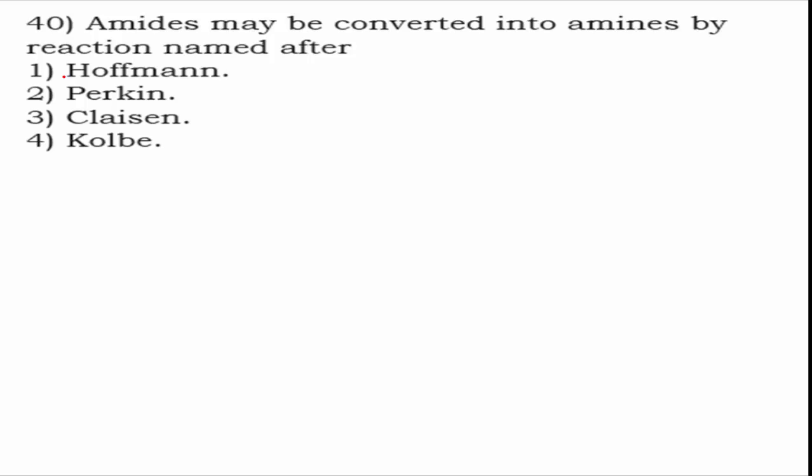Students, Hofmann developed a method for preparation of primary amines by treating an amide with bromine in an aqueous or ethanolic solution of sodium hydroxide.